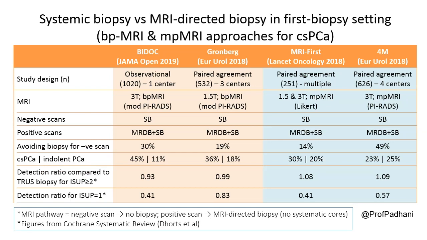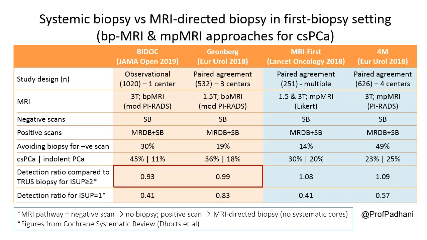Now I've put the BIDOC study together with the Gothenburg study, which are again both prospective studies but looking at biparametric MRI. And you can see the detection ratio, the ratio of comparing the detection of clinically significant cancers compared to TRUS biopsies, is under 1 for both studies.